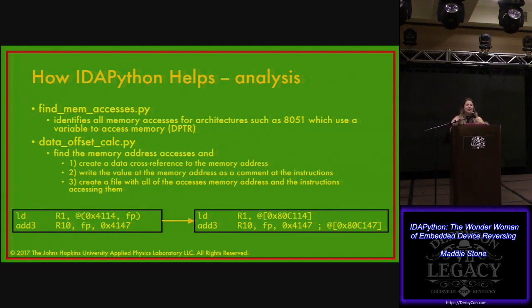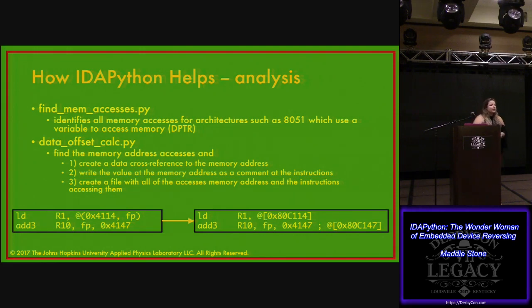It cannot create cross-references based on that because all you're doing is moving an immediate number into the register DPTR. So how can we see that this function over here, and this one, are all interacting with these same groups of memory addresses? So that's where find mem accesses comes into play. What it's going to do for you is look for that regular expression.